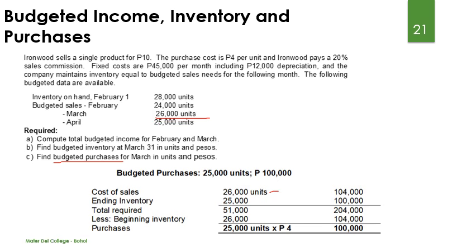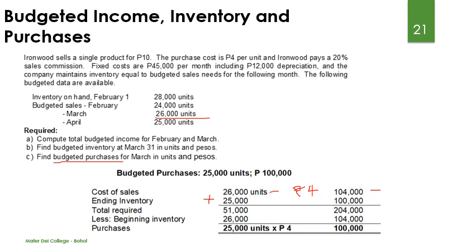Okay, and how do we get 104? So that's just multiplying 26,000 units by the cost, which is, remember, that is 4 pesos. Next, the ending inventory, as we know, we are going to add that, and then the beginning inventory is deducted.